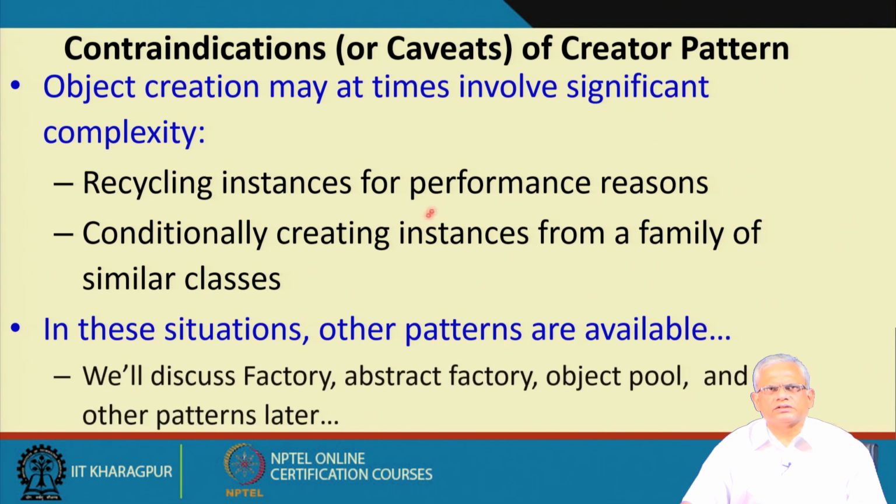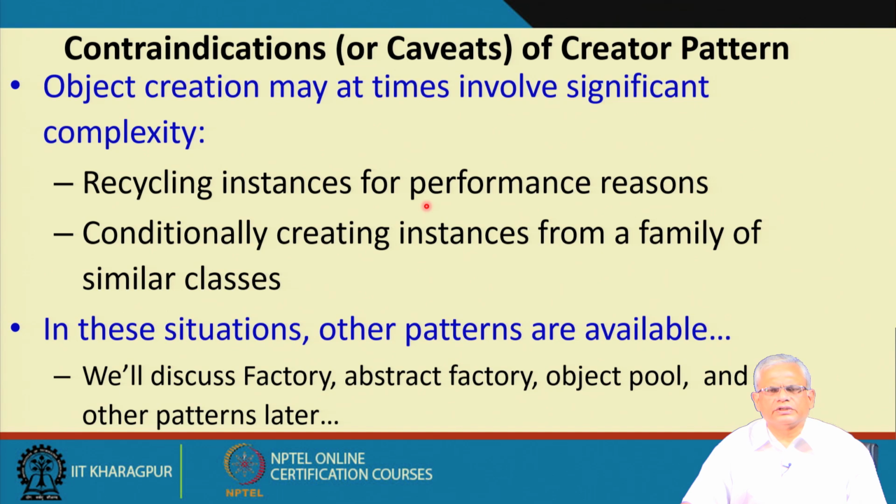In some situations the pattern is not suitable. For example, if for efficiency we need to recycle instances of objects, then the creator pattern is not suitable. We will look at a pattern like object pool later, which will be more suitable when reuse of objects is required.